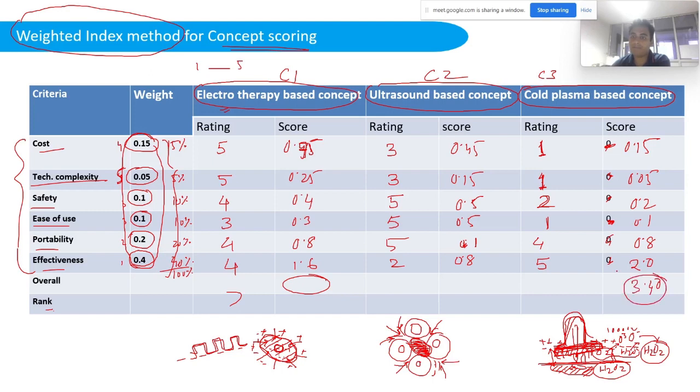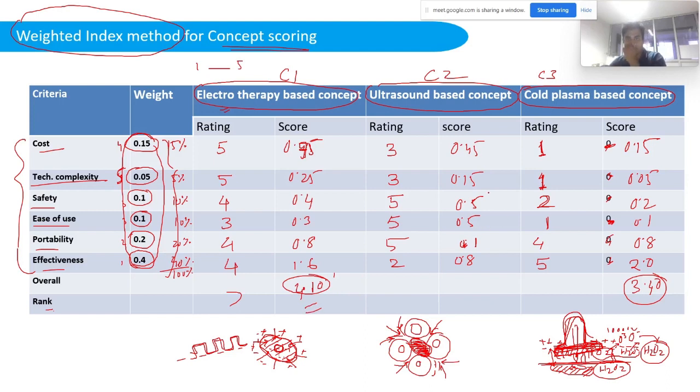Okay, let's see for this one. 5, 5, 0, 1, 14, 15, 16, 17, 18, 19, 20, 21, 22, 23, 30, 31. So 3, 3 plus 1, 4. So 4.1. Definitely now this is the highest.